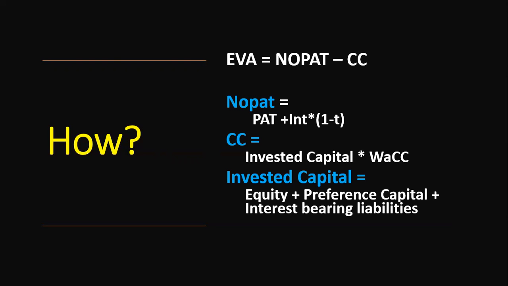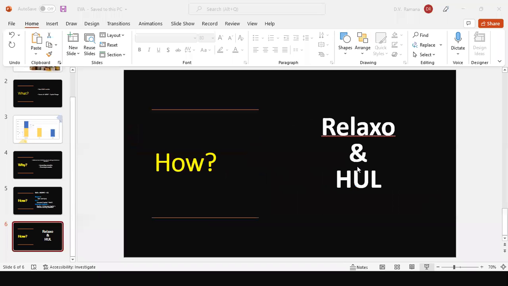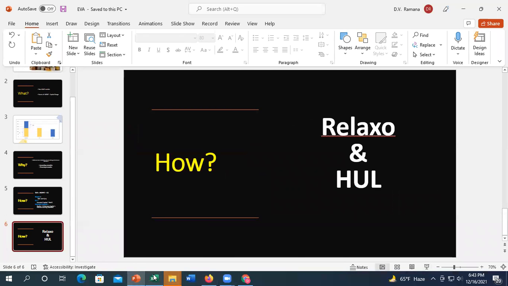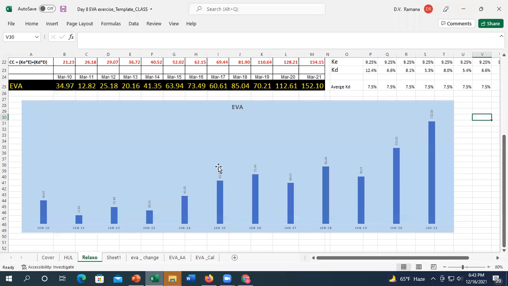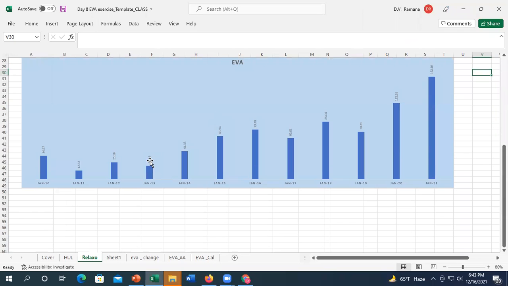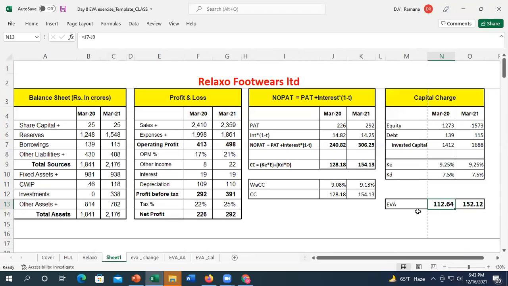So if you make your own assumptions, it is possible that the EVA of Relaxo based on your calculation may not be the same as ours, because these are the calculations that we made here.